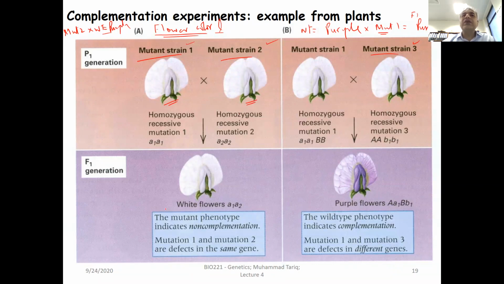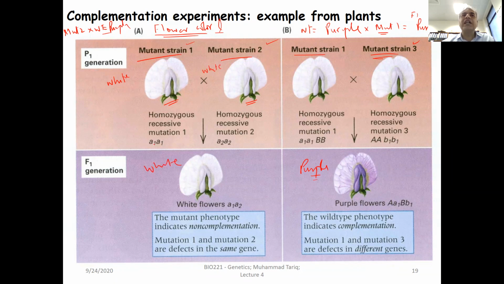In F1, you get white. So mutant 1 homozygous recessive crossed with homozygous recessive mutant 2, F1 comes white. You cross mutant 1 with mutant 3. F1 becomes purple. Now, here you are only adding phenotypes. White homozygous recessive, white homozygous recessive, F1 is white.